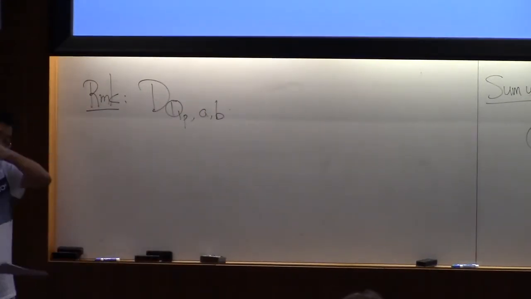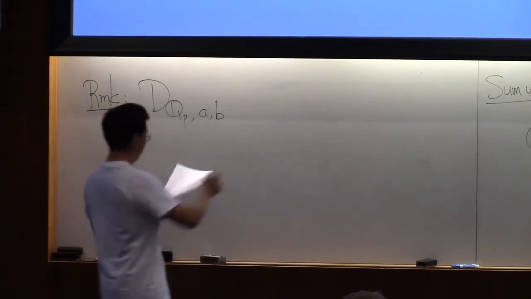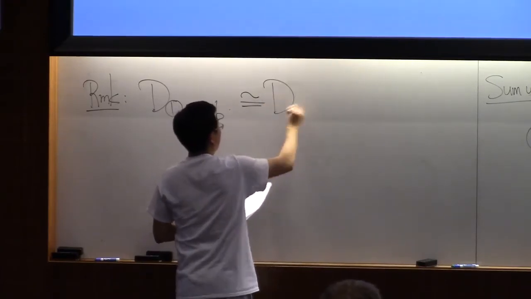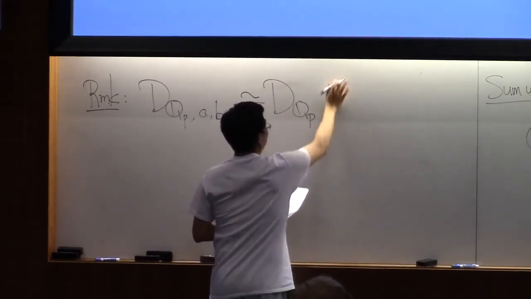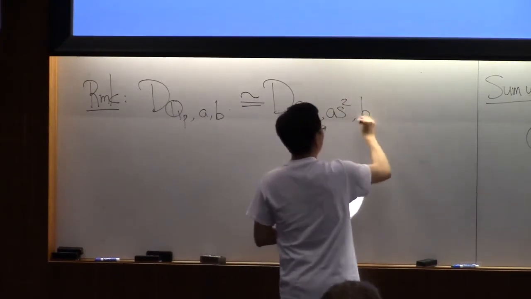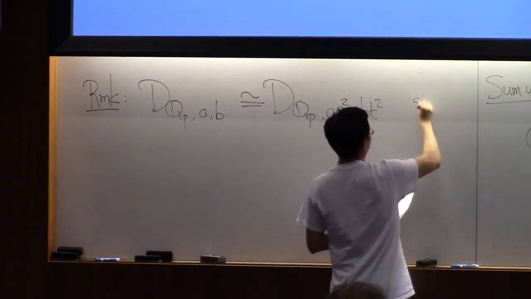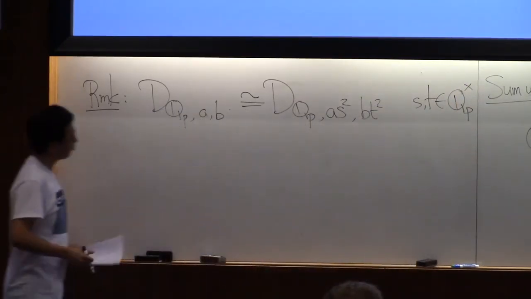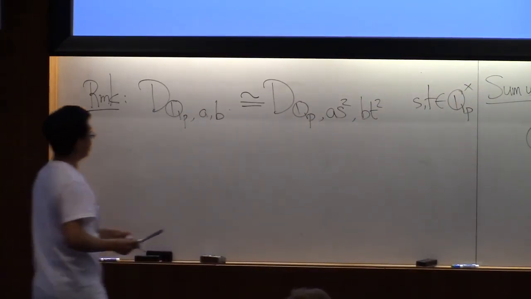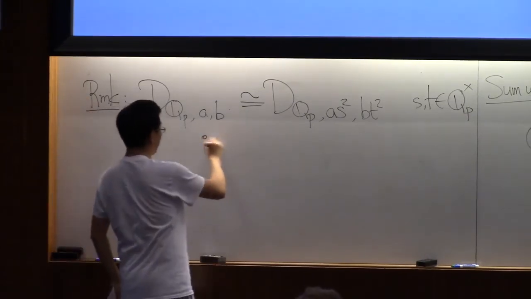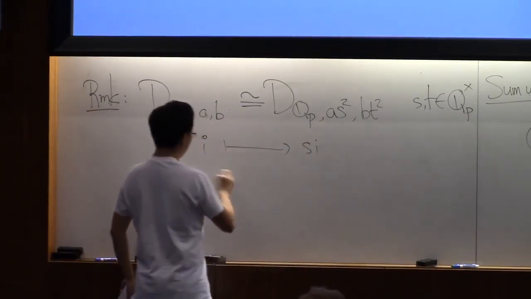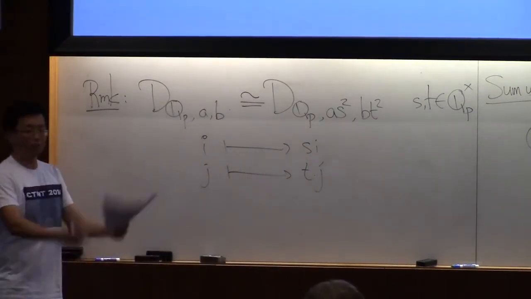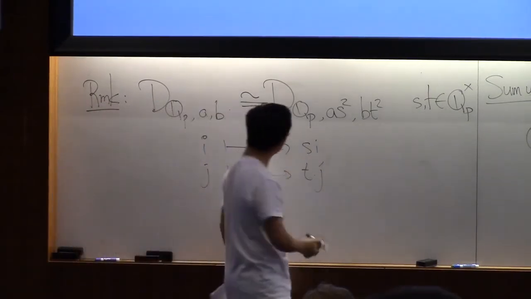If you take the quaternion algebra with parameters a and b, that's the same as the quaternion algebra where you multiply both parameters by the square of something. The isomorphism is given by sending i to s times i and sending j to t times j, which basically scales the basic parameters.